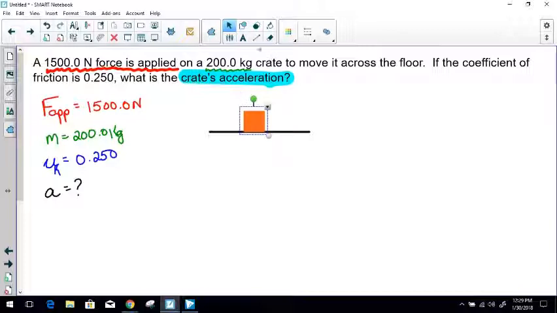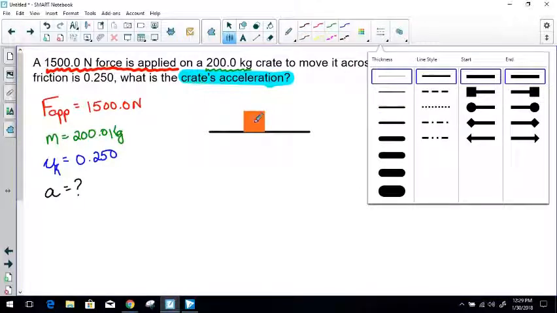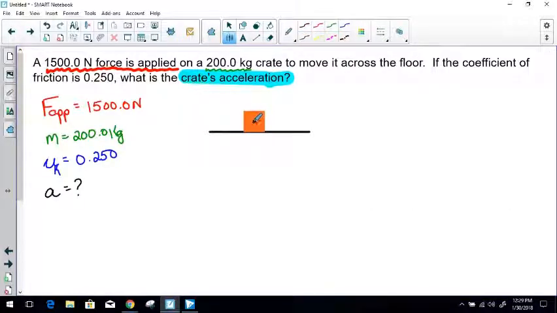And I have some forces acting on that crate. So I have a dot in the middle, and I have a force applied. So I have this force here.